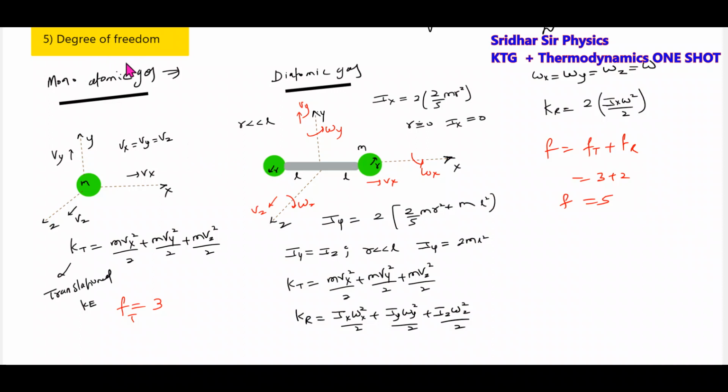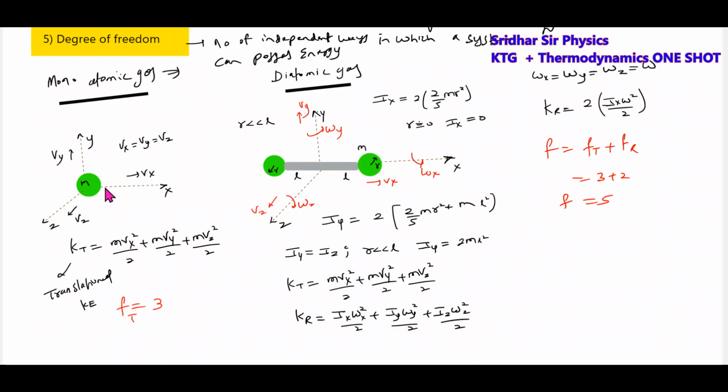Next topic will be degrees of freedom. For a monoatomic gas, the one particle can move along x, y, z. So what do we mean by degree of freedom? The number of independent ways in which a system can possess energy.